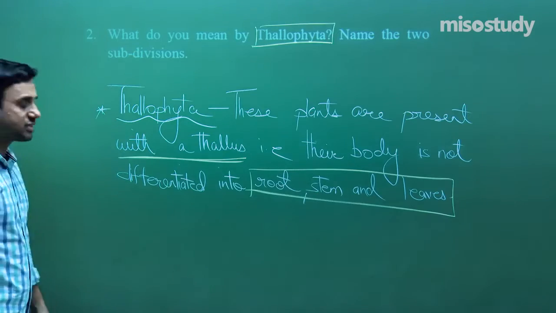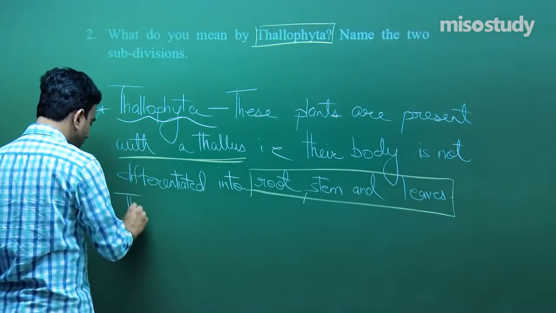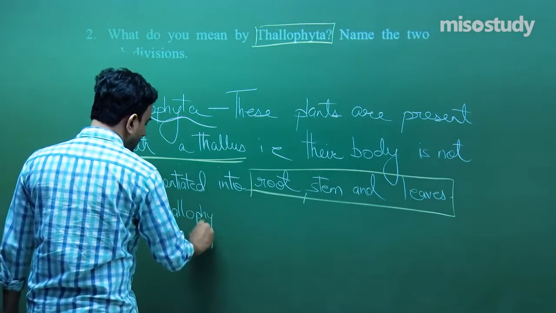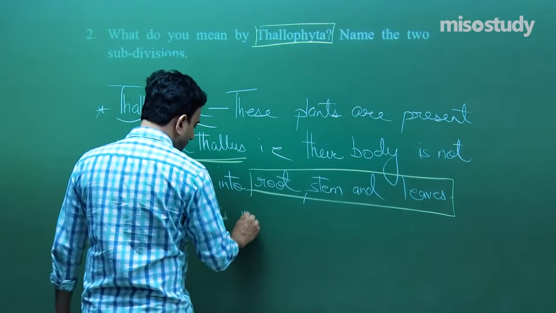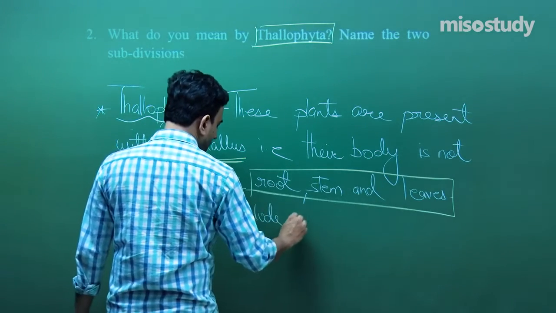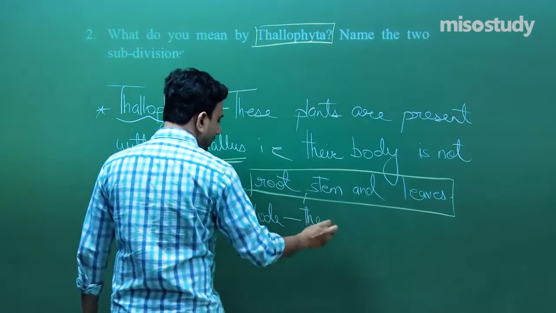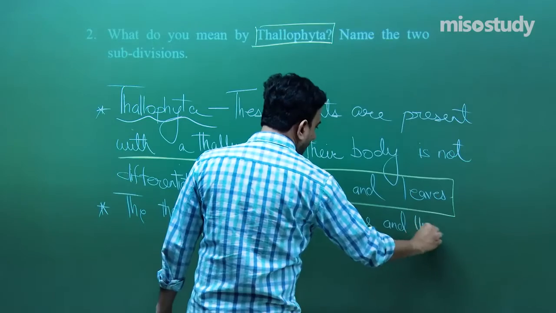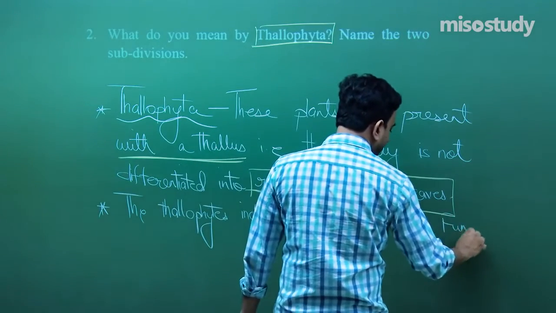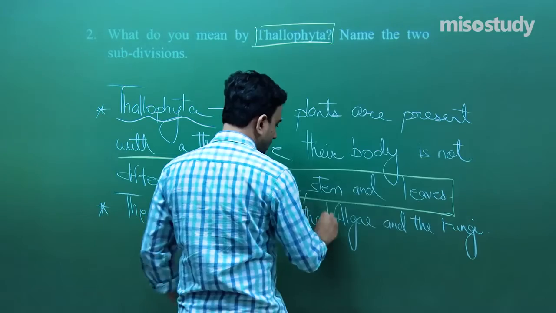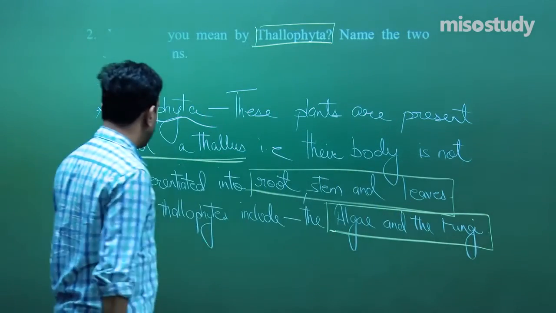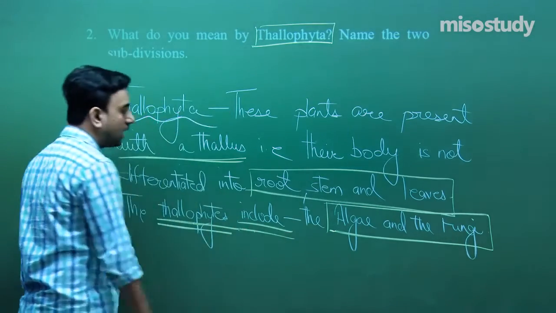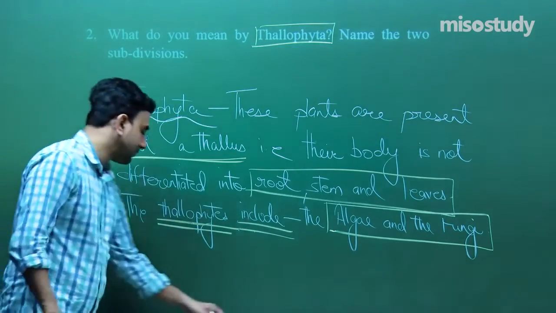Name the 2 subdivisions. The thallophytes include the algae as well as the fungi.